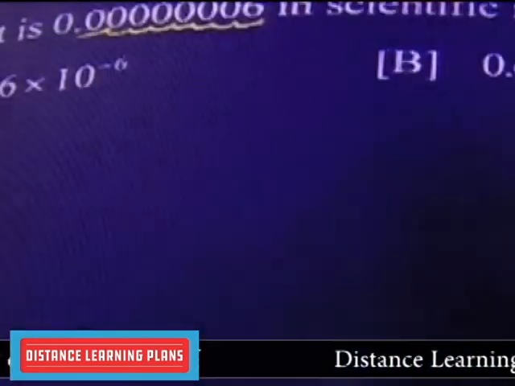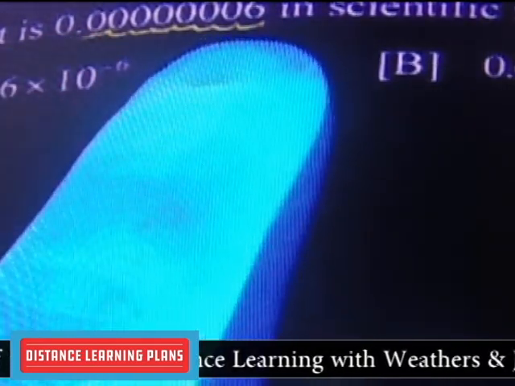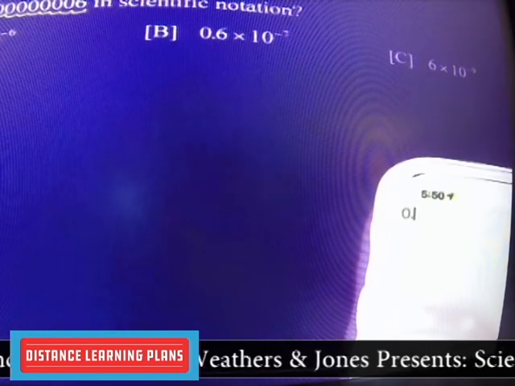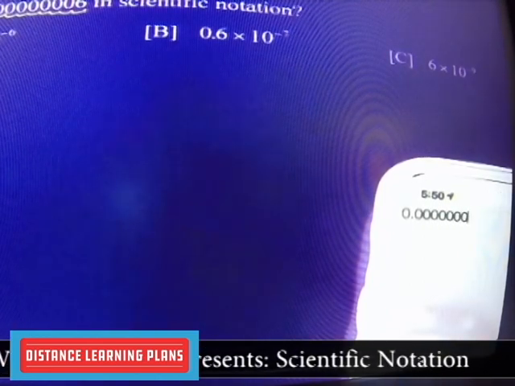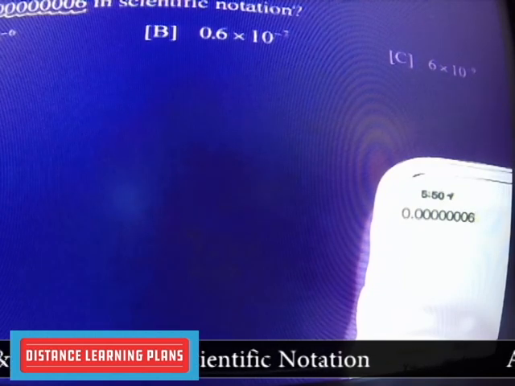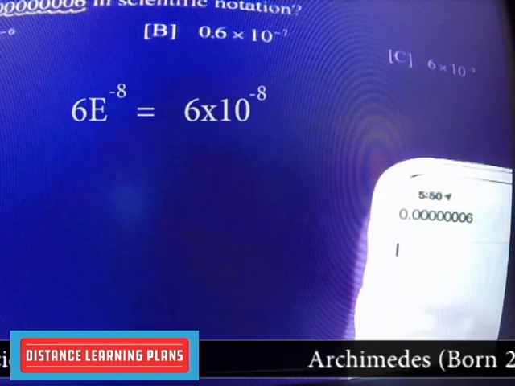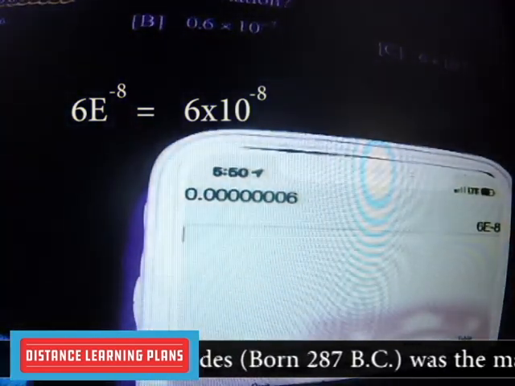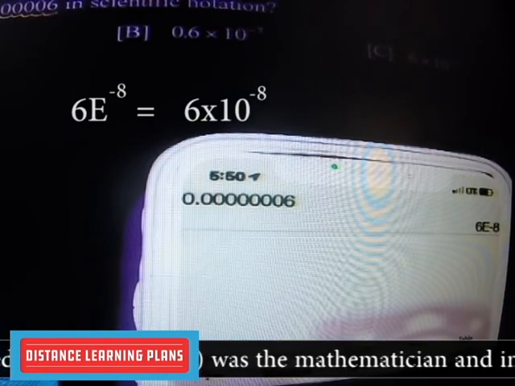So we've got 8 digits in there, but only 7 zeros. That 6 does not count. We put 0.1, 2, 3, 4, 5, 6, 7 zeros, and then add a 6. Then we press enter, and it gives us 6e to the negative 8. That e means times 10 to the negative 8.